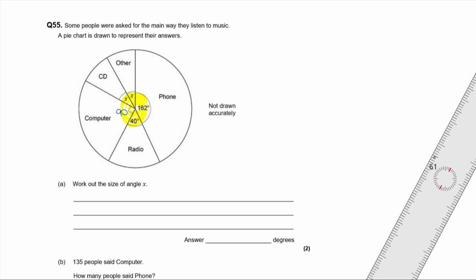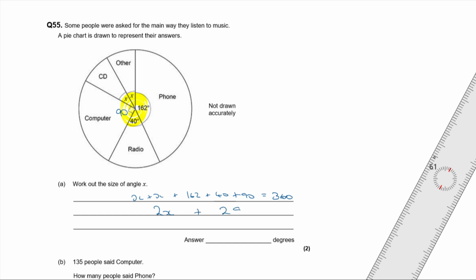So my two x's, x plus x plus 162 plus the 40 plus the 90, added all together, that should be equal to a full turn, so that's 360 degrees. So x plus x is 2x, 162, 40, and 90, that adds up to 292.